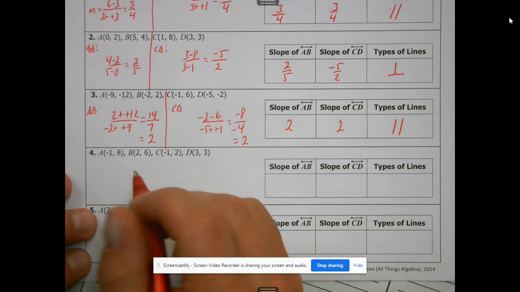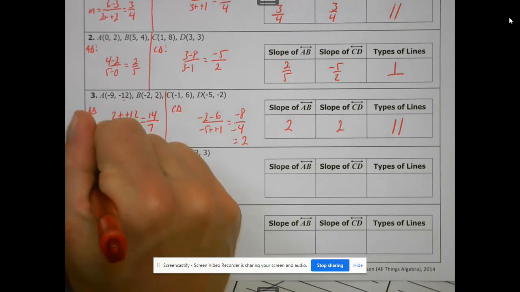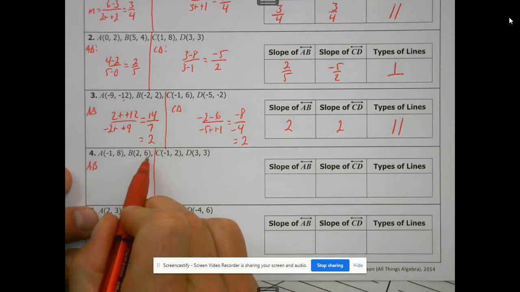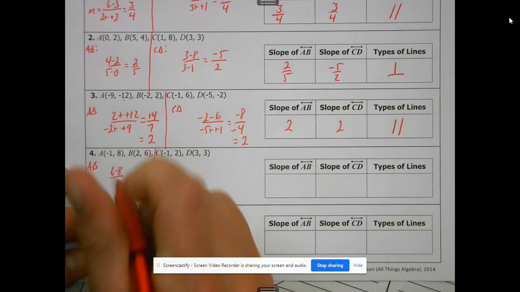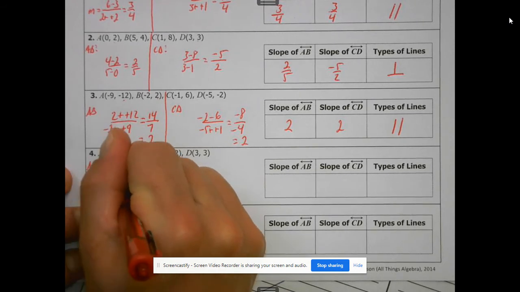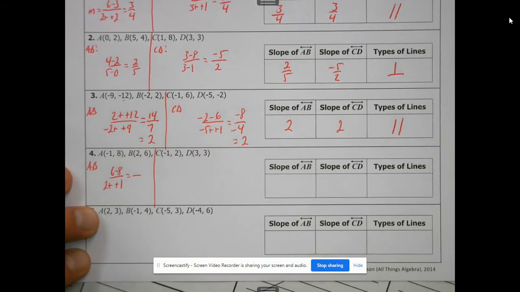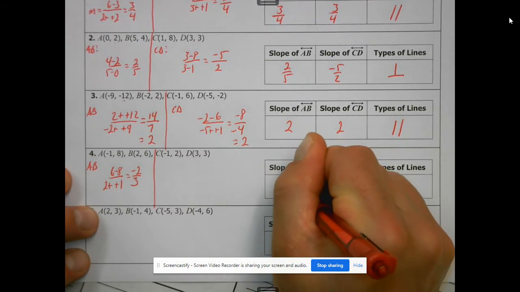Number 4. Slope for AB, 6 minus 8 over 2 minus a -1. Up top, that gives me a -2. Bottom, that gives me a 3. Slope of AB is -2 over 3.